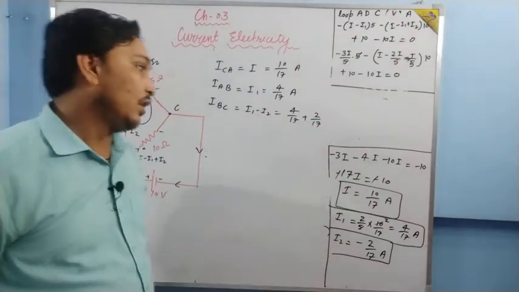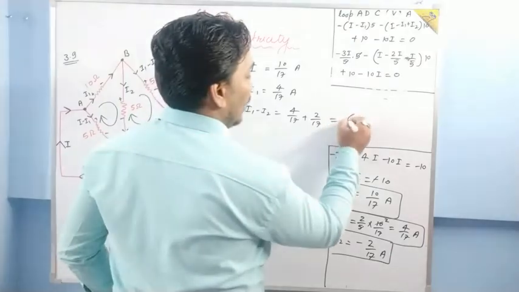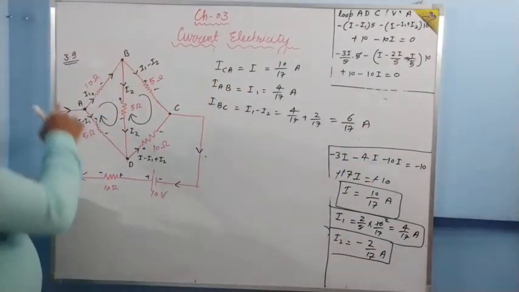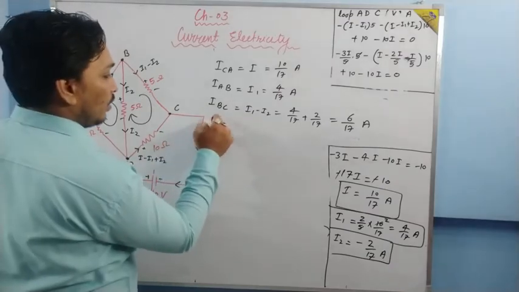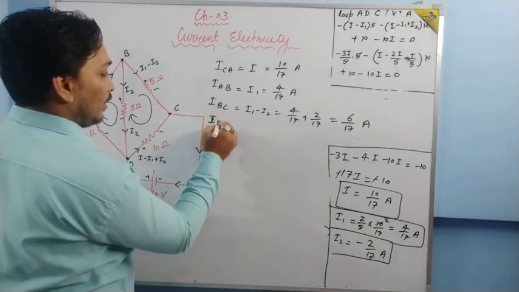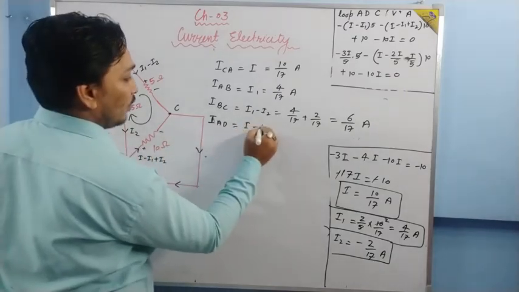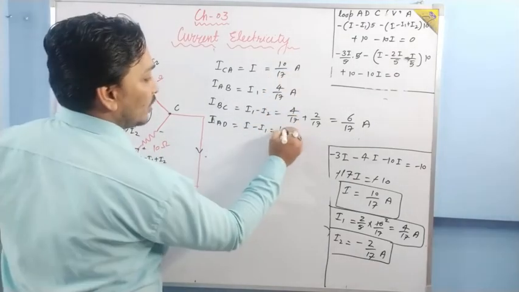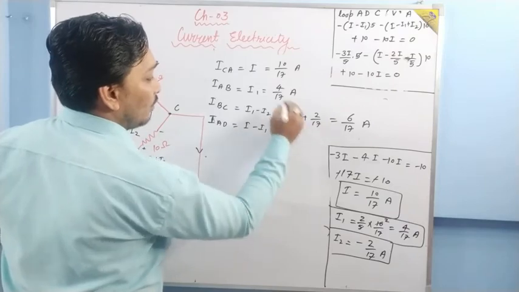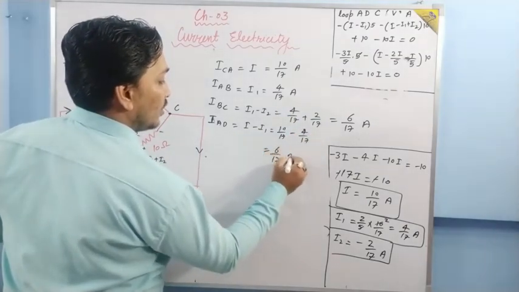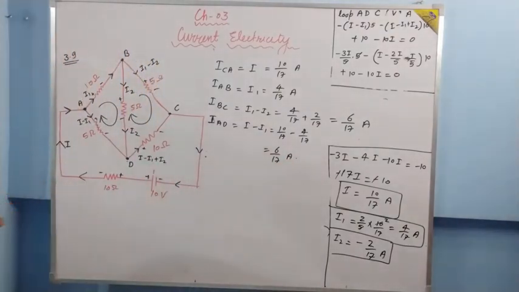So we are going to have 6 upon 17 ampere. A to D, IAD was I minus I1. What is I? 10 upon 17. What is I1? 4 upon 17. We are going to have 6 upon 17 ampere.